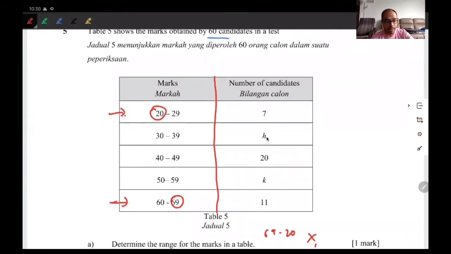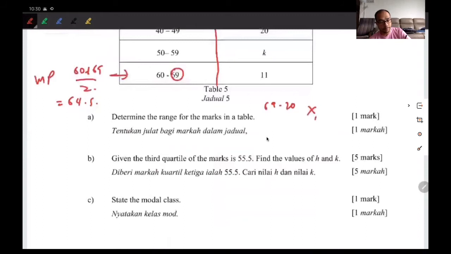So the midpoint is 20 plus 29 divided by 2, and this is 60 plus 69 divided by 2. This will give you 24.5 and this will give you 64.5. So your range is 64.5 minus 24.5, which is 40.